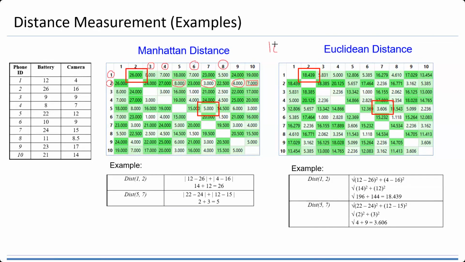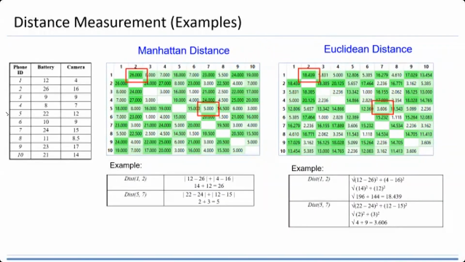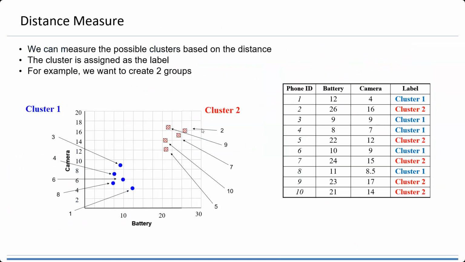Okay. So the distance which is lower than 10 is similar, and the distance which is higher than 10 is not similar or not related. So this is also the same result with this one.